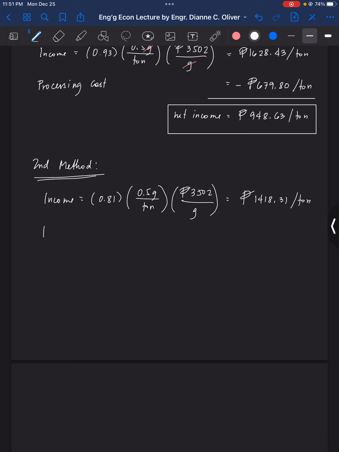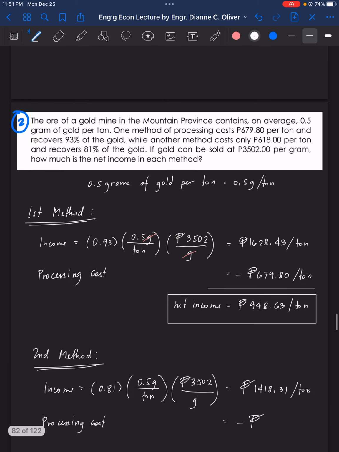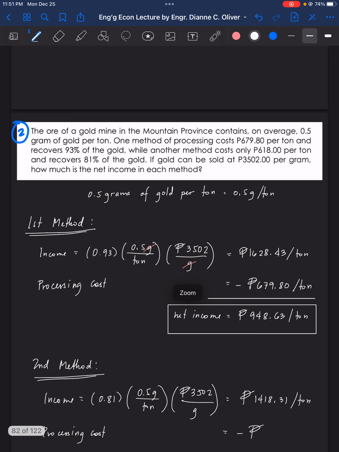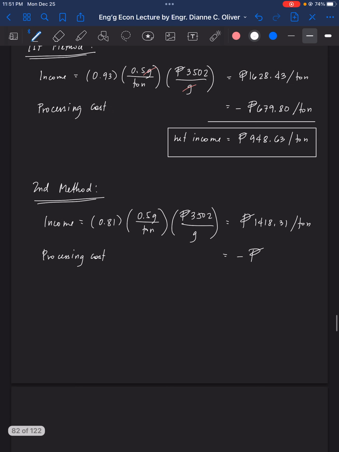And the processing cost, minus 618 per ton.